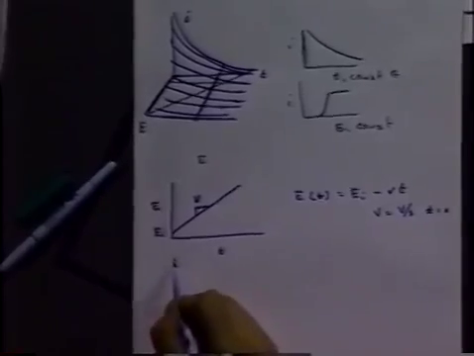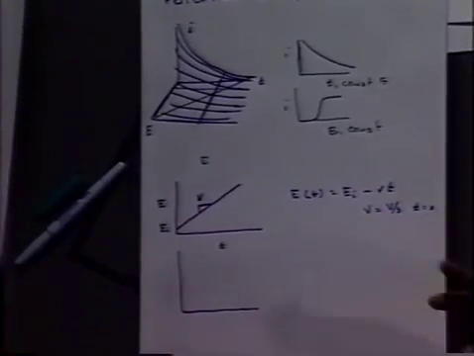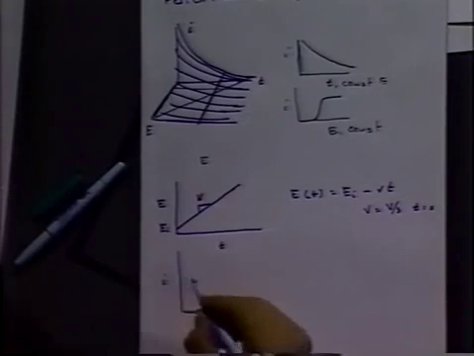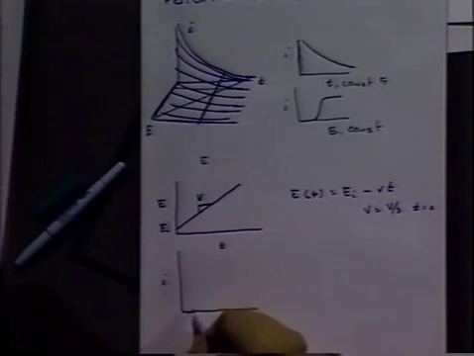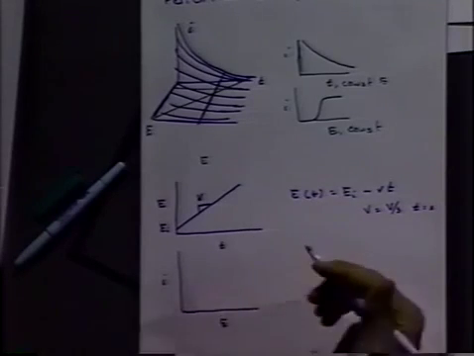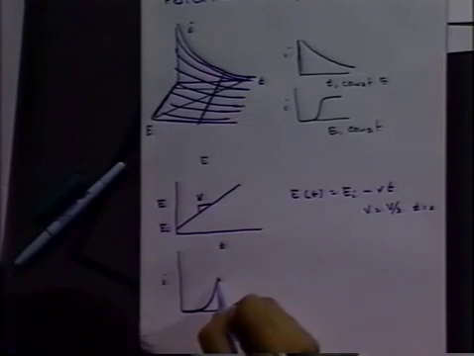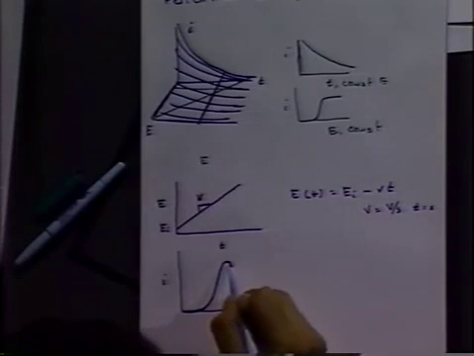Now, what do we see? Well, it turns out for a Nernstian type response, we see a curve something like this. At some potential before reaction really can occur, we don't really see much current. Then we see an exponential increase, which decays.